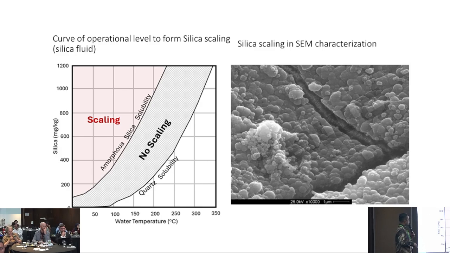It depends on two variables: the silica level itself and the water temperature. We control the temperature, and the silica level is given from the earth itself. So we will see which region has the complexity of the silica scaling on site.